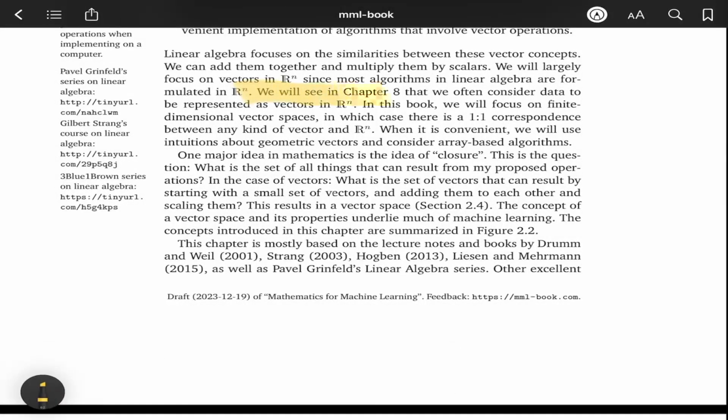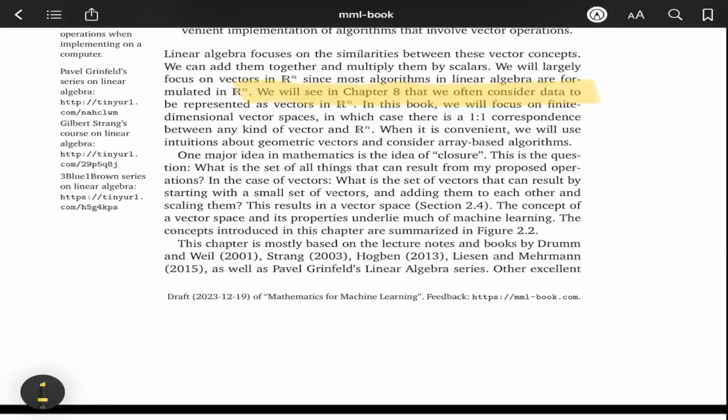We will see in chapter 8 that we often consider data to be represented as vectors in Rn. In this book, we will focus on finite dimensional vector spaces. Okay, that's helpful.